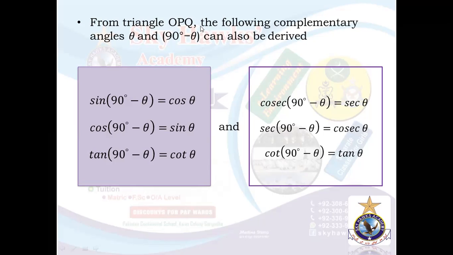For the triangle OPQ, the last one, the following complementary angles theta and 90 minus theta can also be derived.